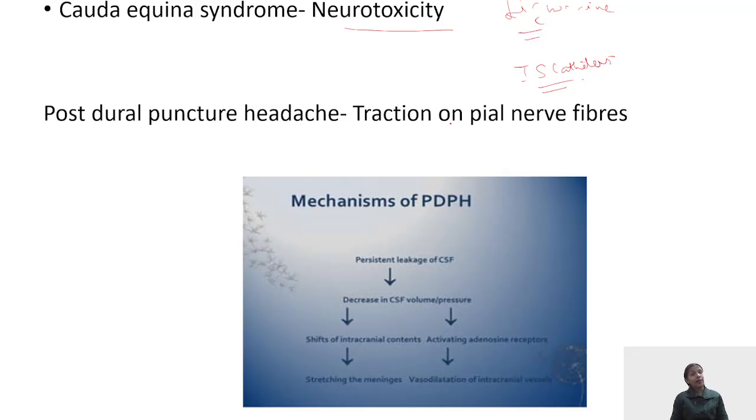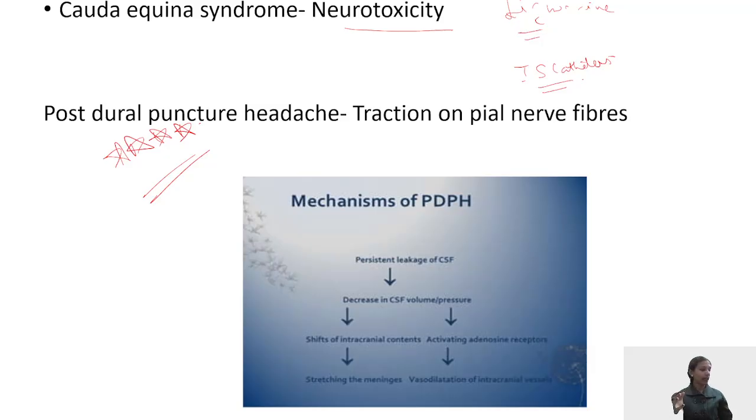Most important, post-dural puncture headache. Again, a lot of questions are asked on post-dural puncture headache. See, as the name suggests, what happens is we have a persistent leak of CSF. Because of that leak, the formation is slower than what is leaking out, and there is a traction on the meninges.